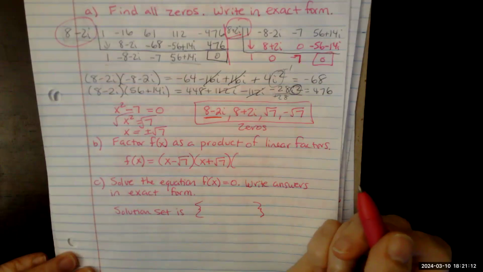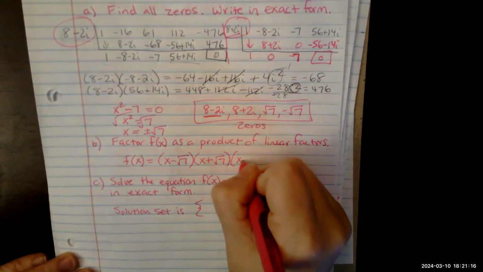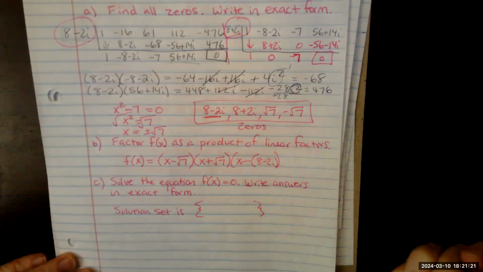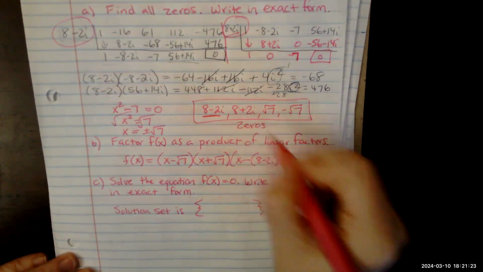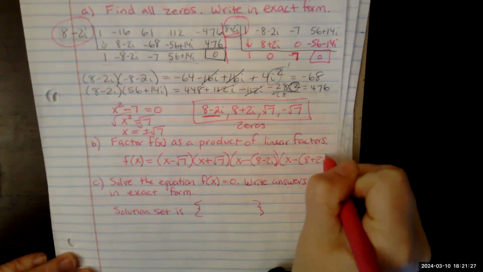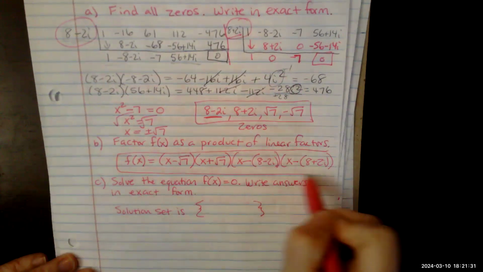This is weird because it's larger than what we normally have, but because of the positive 8, I'm just going to say x minus, and then I'm just going to put this into parentheses. And this is also a positive 8, so I'm again going to say x minus and put it in parentheses. It's not pretty, but these are the factors.